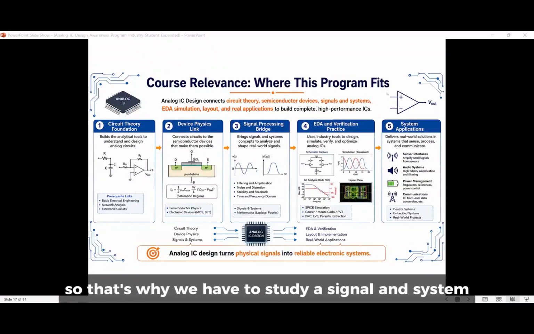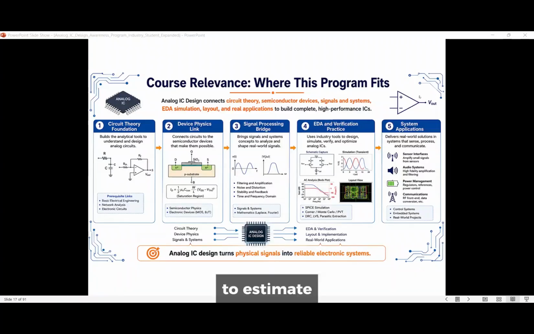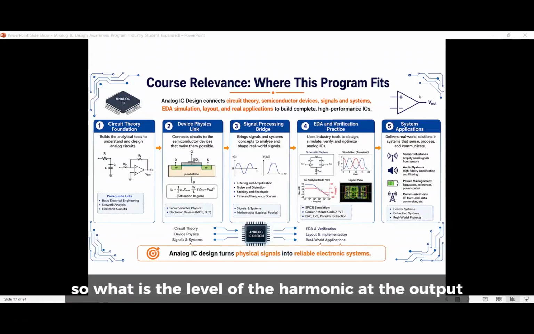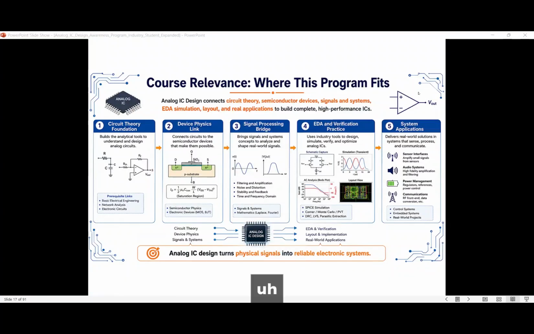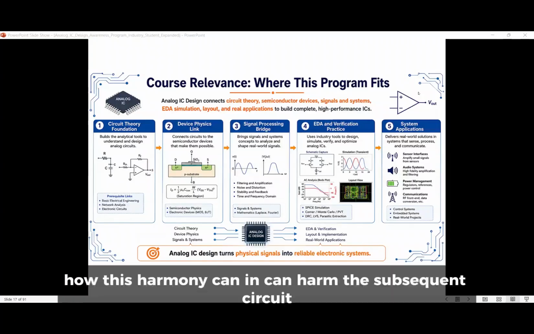So that's why we have to study signal and system: to evaluate the response of such a nonlinear device and estimate the level of the harmonics at the output. Then we have to evaluate how these harmonics can harm the subsequent circuit.